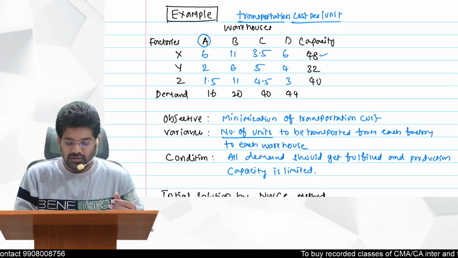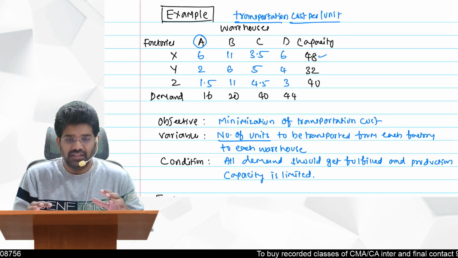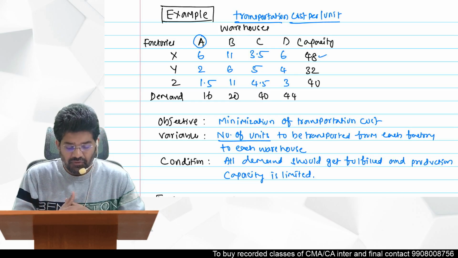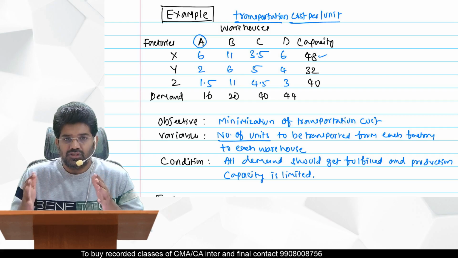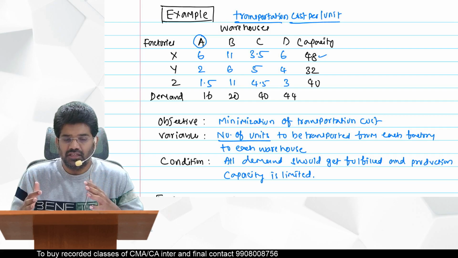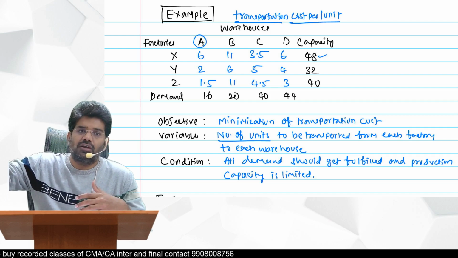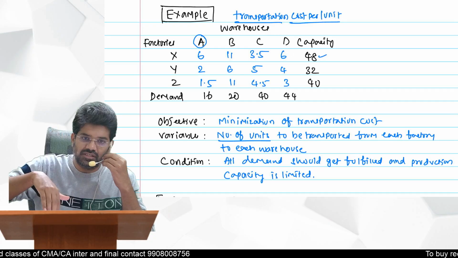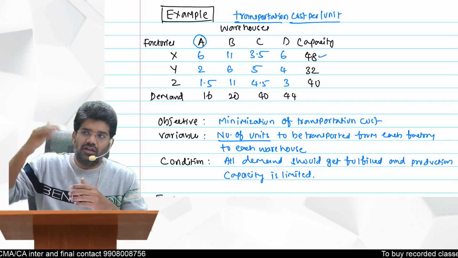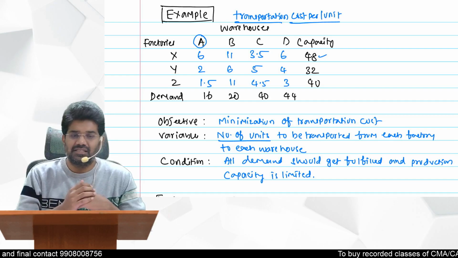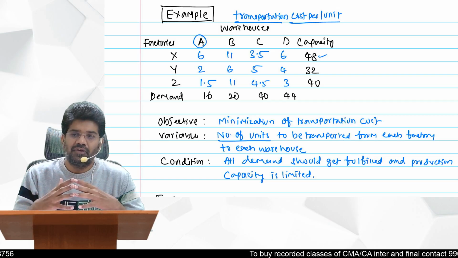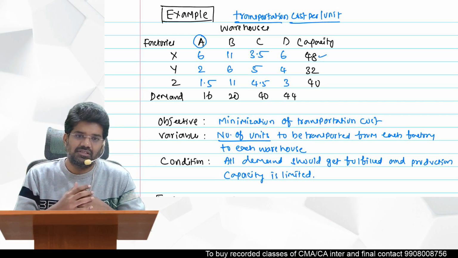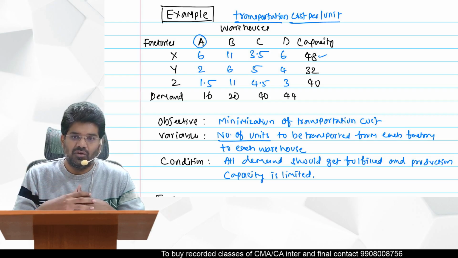If you see here, a manufacturing company is having three factories, X, Y and Z. The stock, whatever inventory they are producing, has to be transported to their own warehouses, which are located at different places, because generally we keep our warehouses very near to our customers, so that we can quickly deliver our goods.